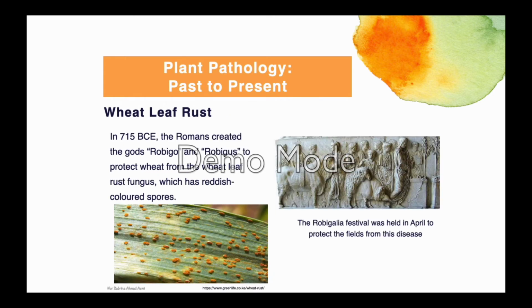Another disease that is significant in history is wheat leaf rust. Rust means it will give rusty symptoms, in this case on the leaf. Because of the appearance of leaf rust, the yield was affected by this disease.